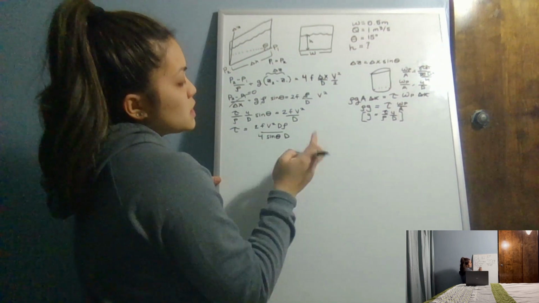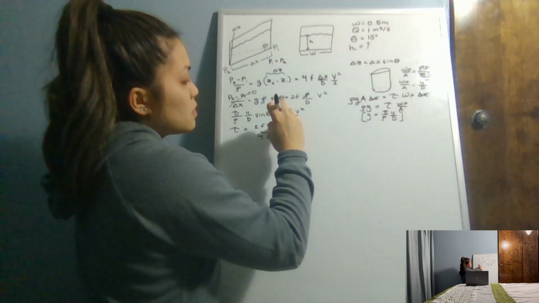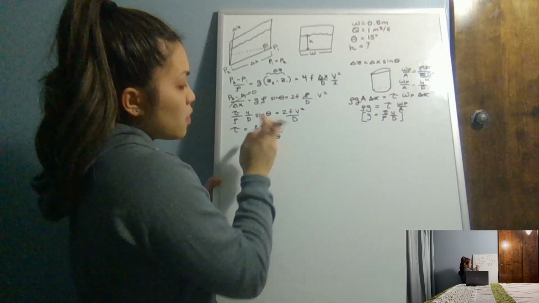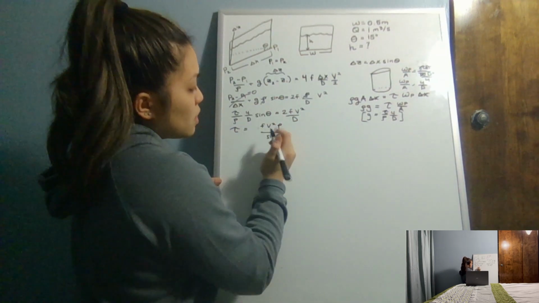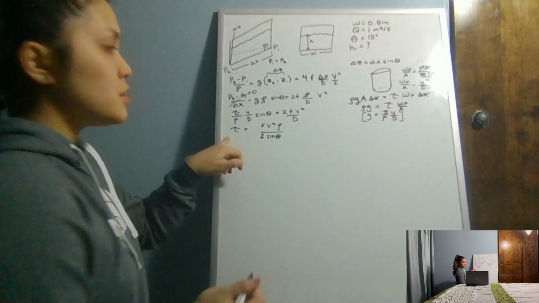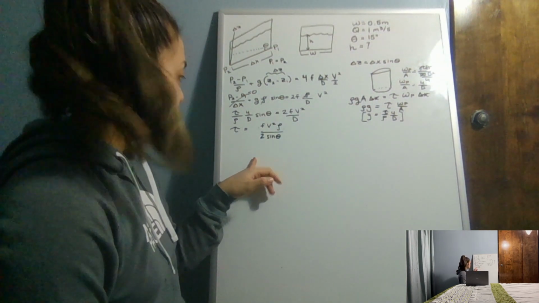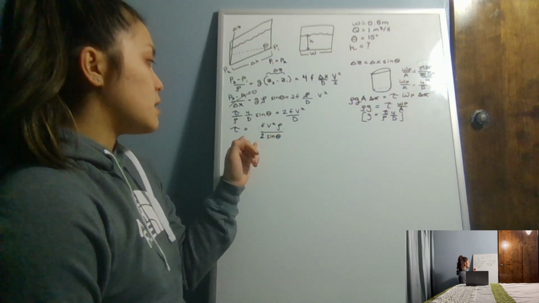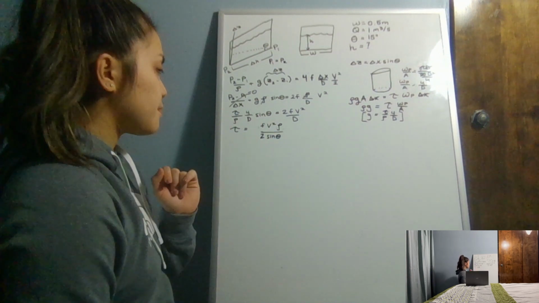The two densities will cancel out, and then the 2 and the 4 will cancel, leaving a 2 in the denominator. So the shear stress of a circular pipe is equal to the friction factor times the velocity squared times the density divided by 2 times sine theta.